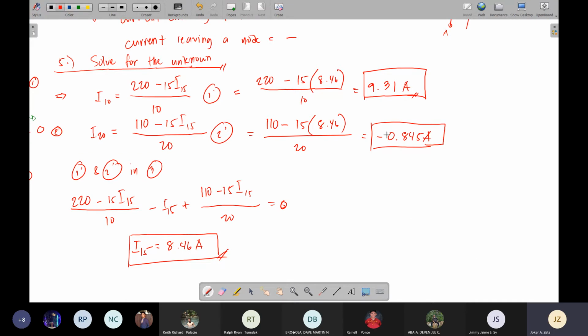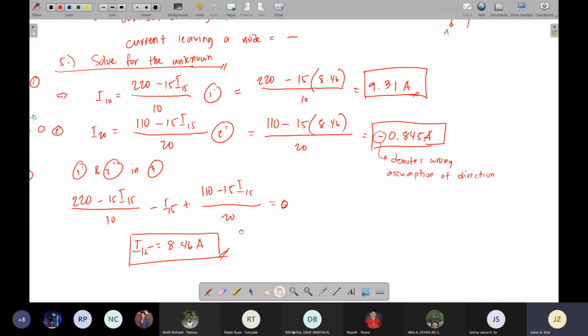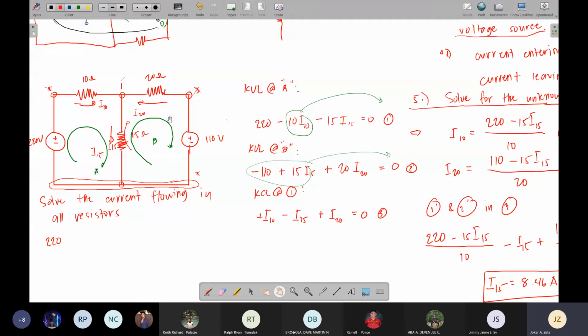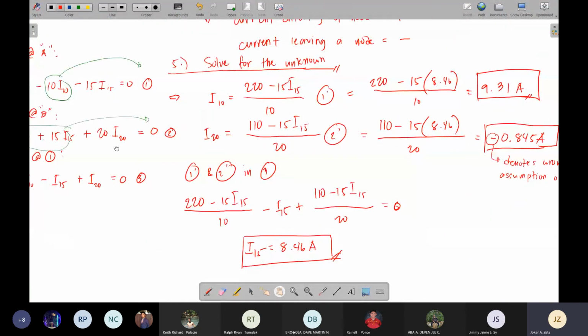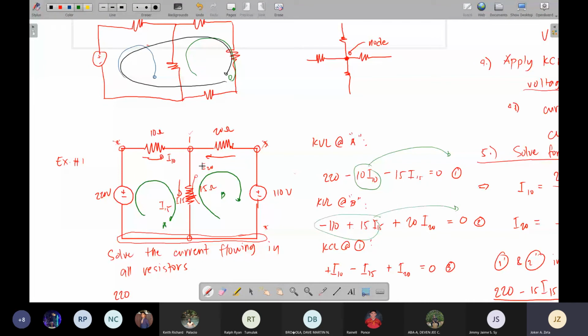Now, for the negative part, you don't have to worry about this one because it just denotes a wrong assumption of direction. Meaning, the direction we assumed for I20 is wrong. The actual direction should be this way.